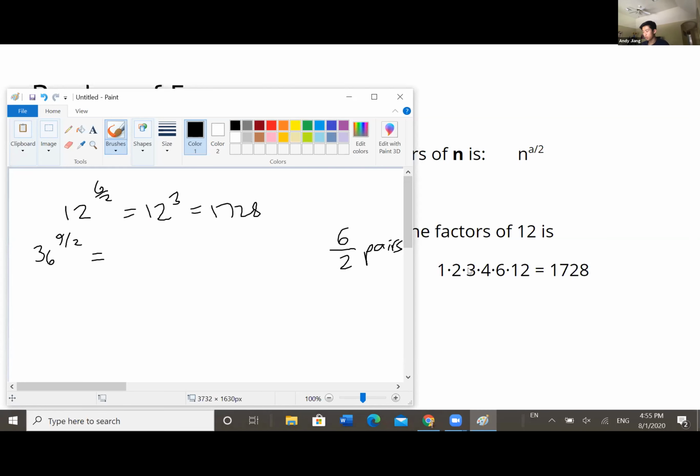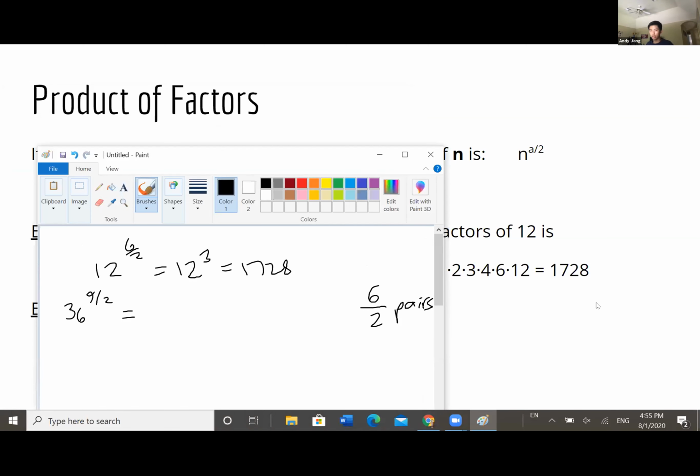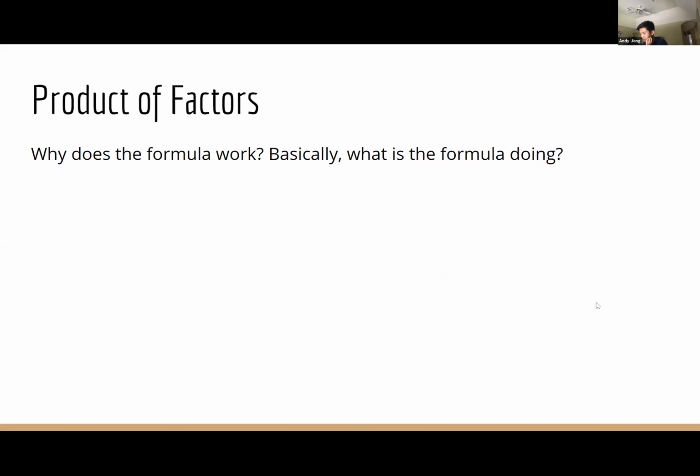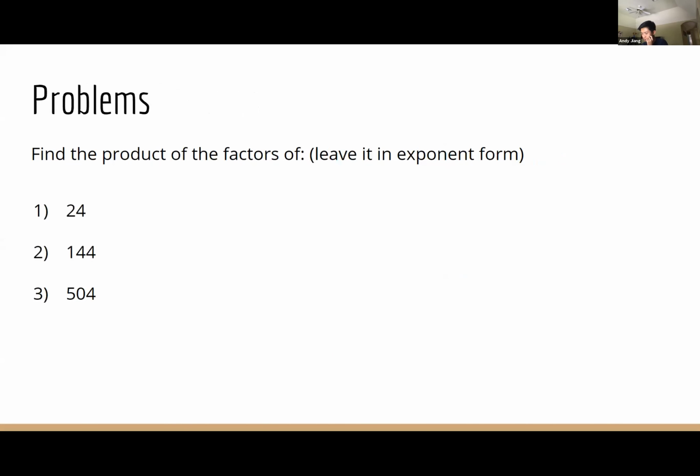And each pair of those numbers multiplies to 12. Right? So that's why I have 12 to the power of the number of pairs, or a over 2. Okay. So why does it work? Yeah, we just did that. Find the product. If we have time, I'll get to this, but I don't think we'll have time.